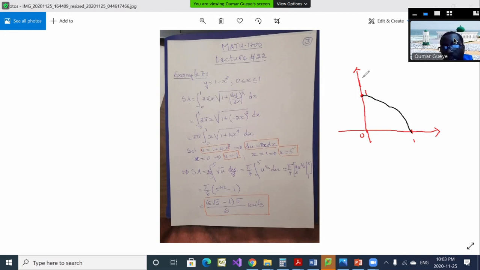And you rotate it about the y-axis. We just rotate the curve, not the area, because when you rotate the area you will get a volume. So when you rotate the curve, you will get a surface area. And the axis of rotation now is the y-axis. It means this is your radius.